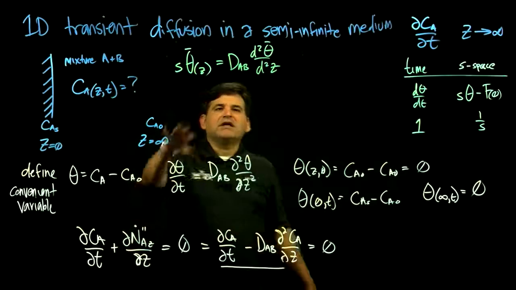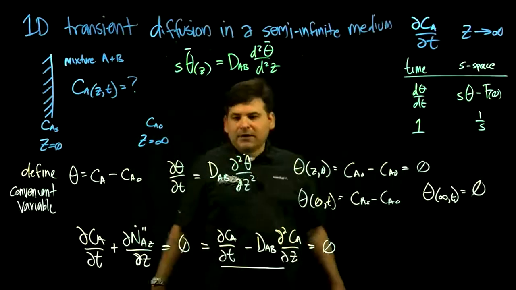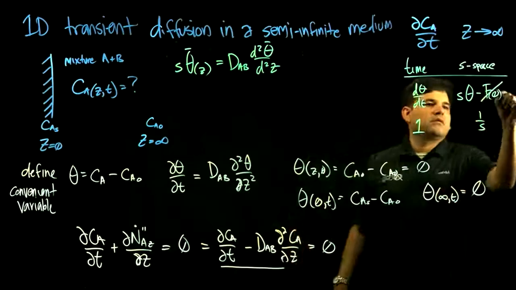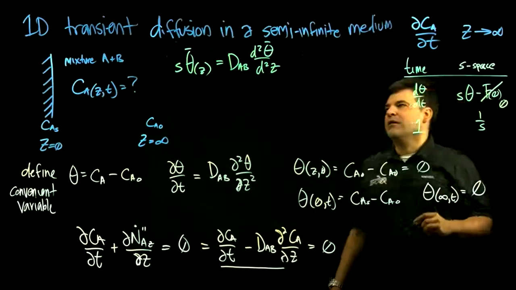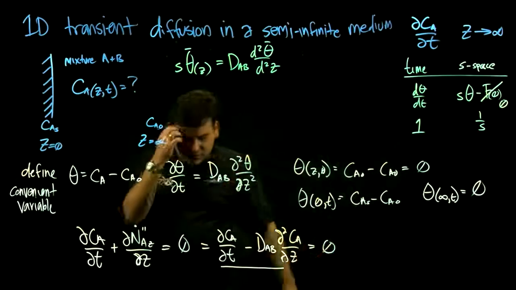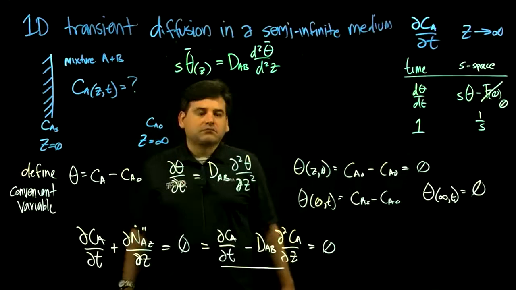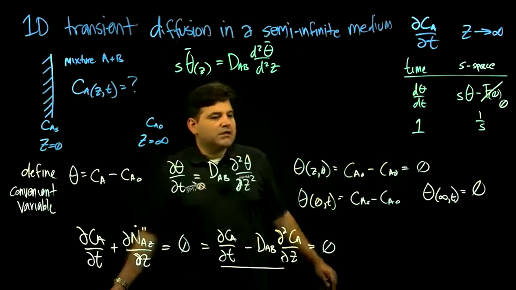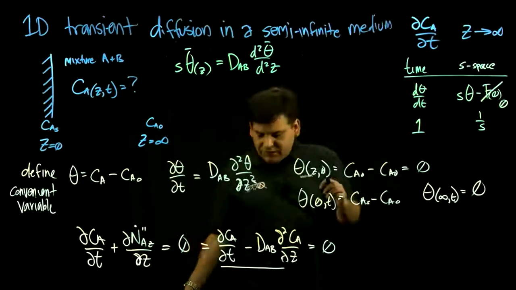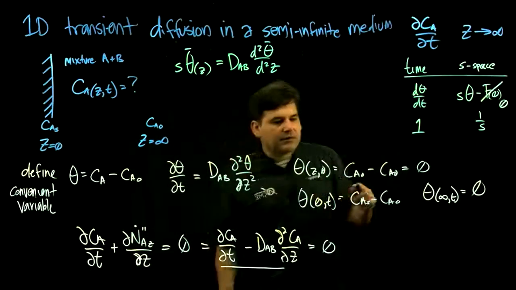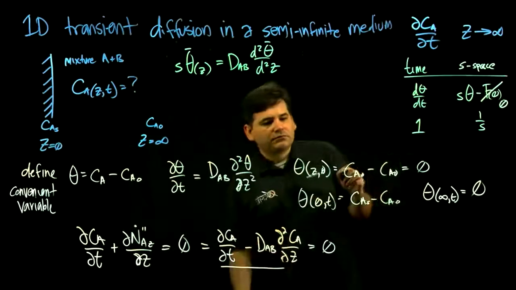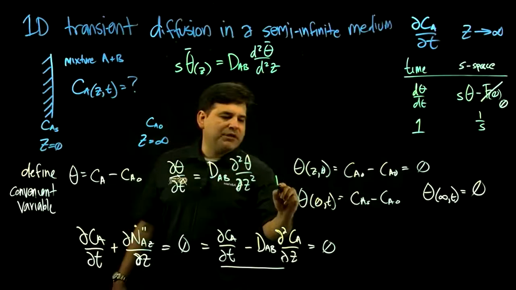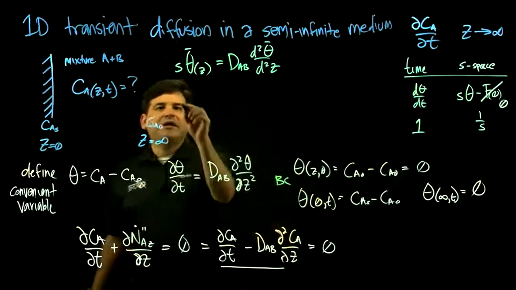so it's still the second derivative, but this is 0. In this case, it's 0. So this is our differential equation now. Now, this boundary condition here would be the BC in theta space.